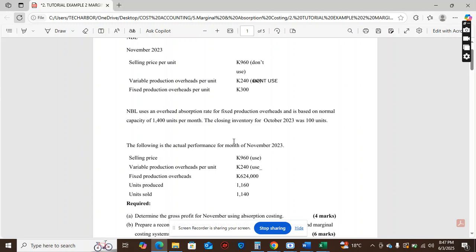So, this is the trick with the number of units in a question. If the number of units produced is less than what is budgeted or the normal capacity, you're going to under absorb.